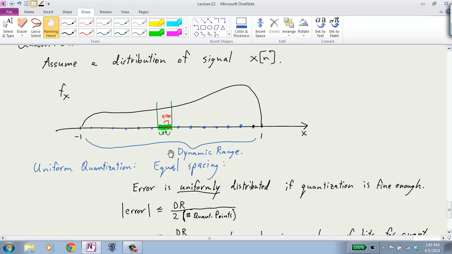If we did non-uniform quantization, we would put more here and less over here, and we would end up with a lower noise power. Now, we have an easy way to calculate the noise power here. In that case, you would have to do a more complex calculation, but you would get a better noise power. In fact, you can come up with an optimization problem that says, place these points optimally to get the lowest power. And there's an iterative algorithm for doing that.